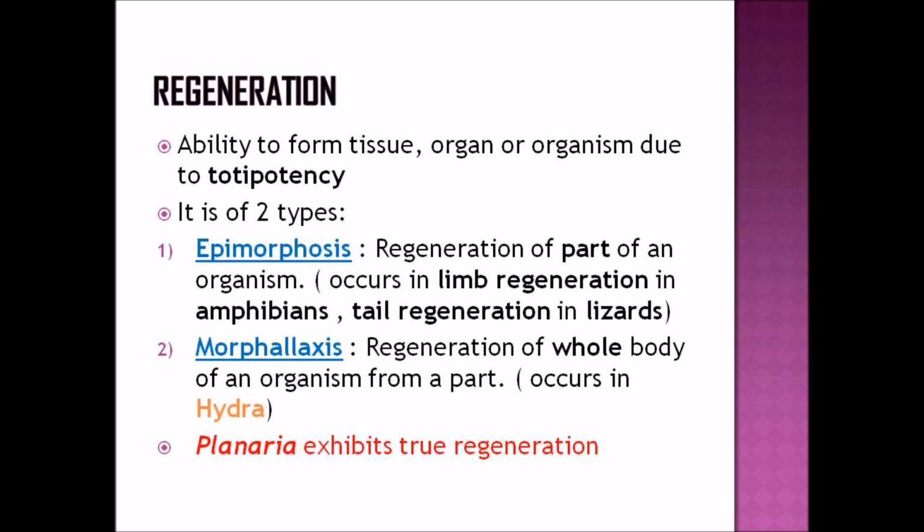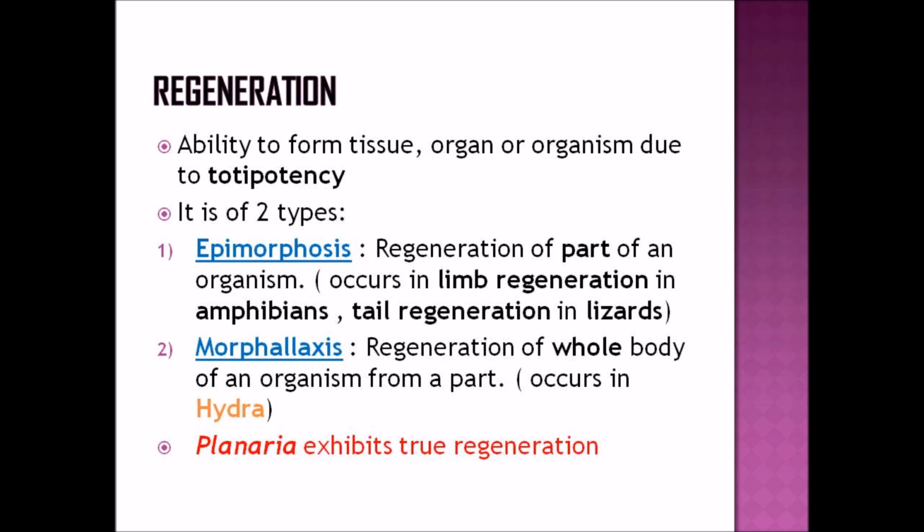Regeneration. The ability to form tissues, organs, or the entire organism by virtue of a property called totipotency is called regeneration. Totipotency is basically this property to regenerate. There are two types of regeneration, epimorphosis and morphallaxis.